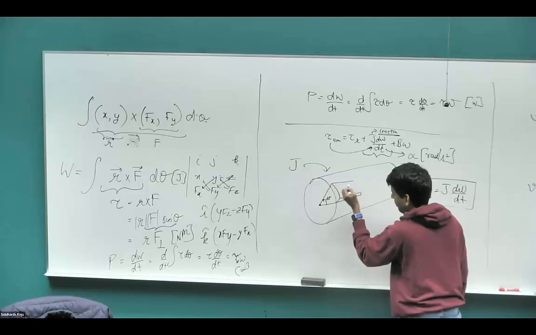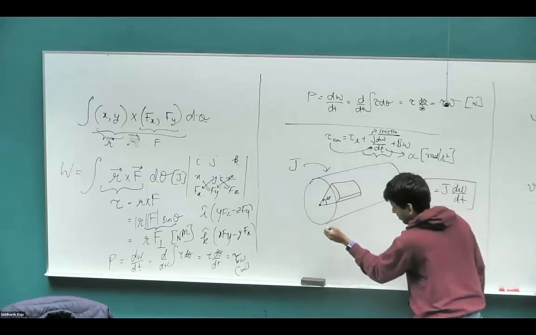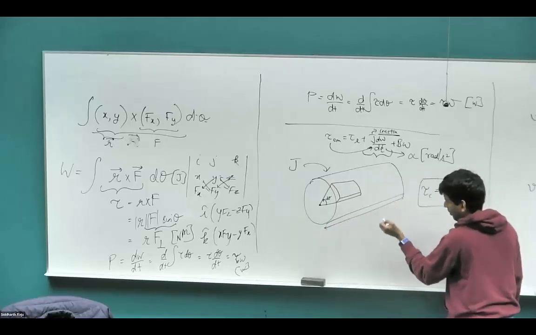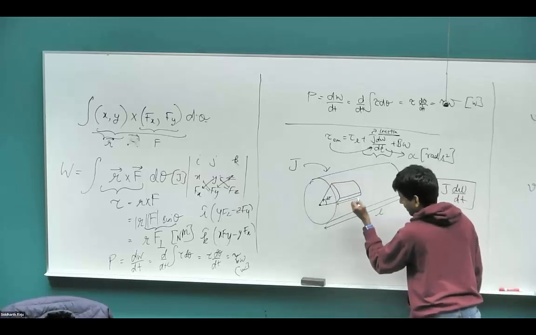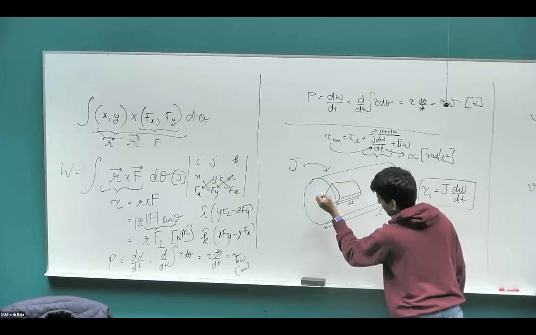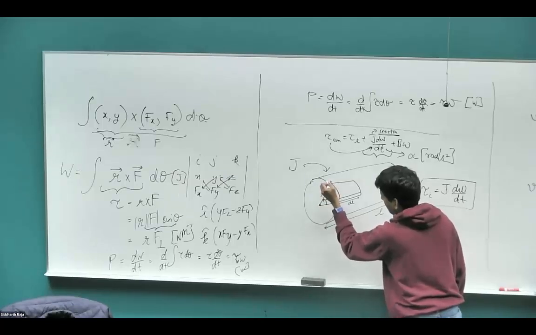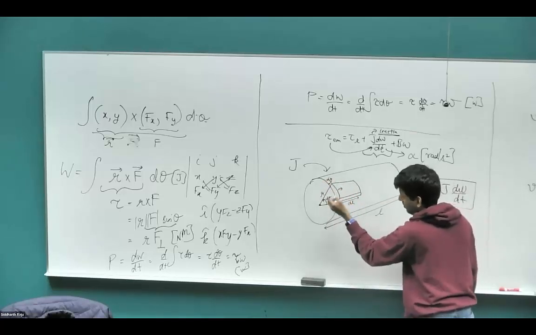Just an incremental volume that doesn't look like an incremental volume, but think of it as a tiny volume that I've drawn there. This whole length is L, so this tiny incremental length is dl. If this is radius r, this tiny incremental separation is going to be dr, right? And this distance itself is of course going to be r times d theta.